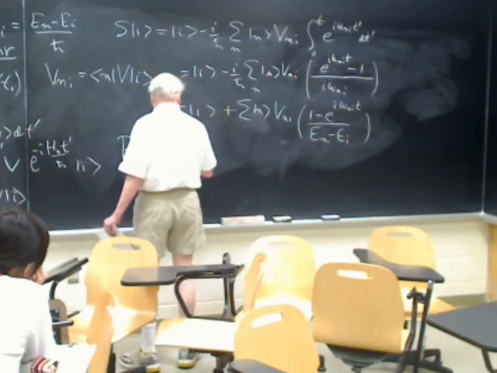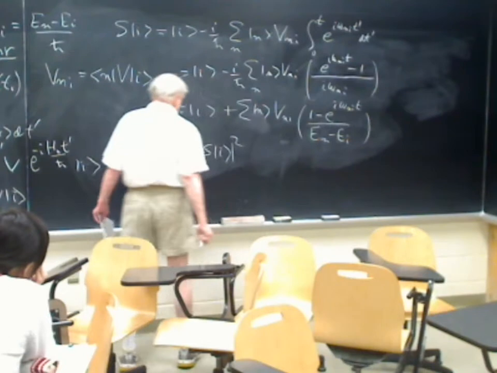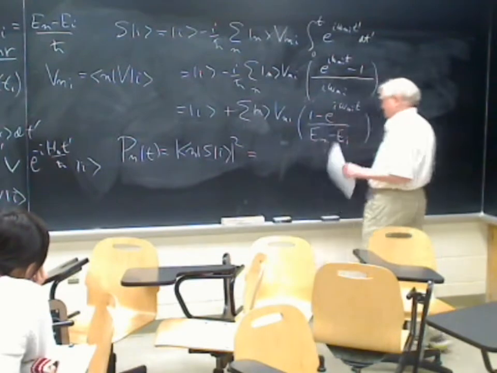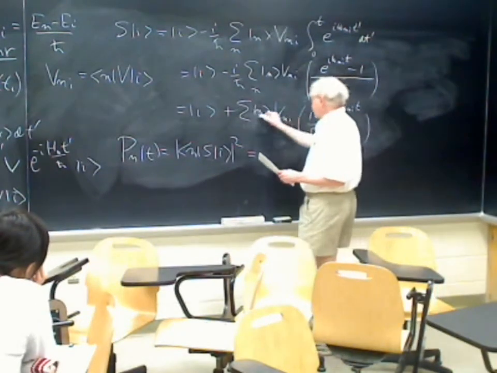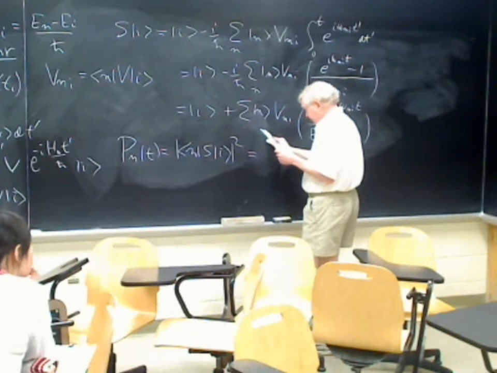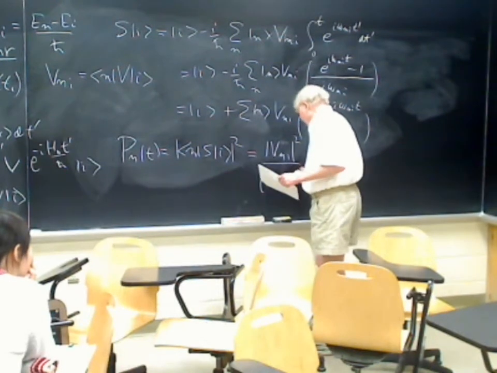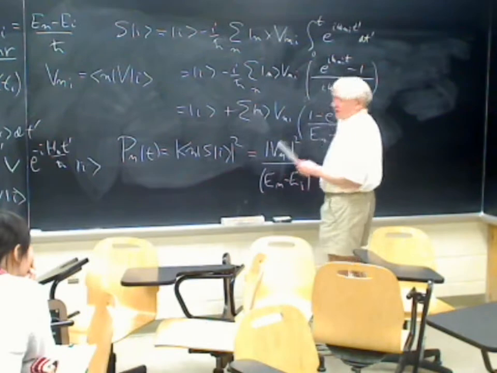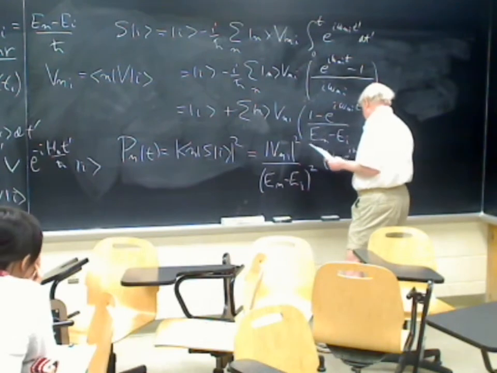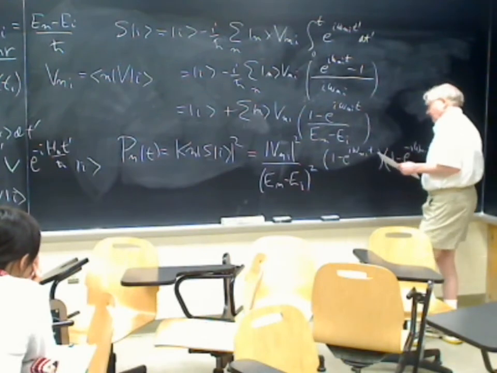Well, it's the inner product of N with psi, squared, and we're assuming here that N is not the initial state itself, and so the only term that counts here is we pluck out the N here, and we get V_NI absolute value squared, the energy denominator squared, and then this structure here, which is 1 minus e to the i omega_ni t, 1 minus e to the minus i omega_ni t.